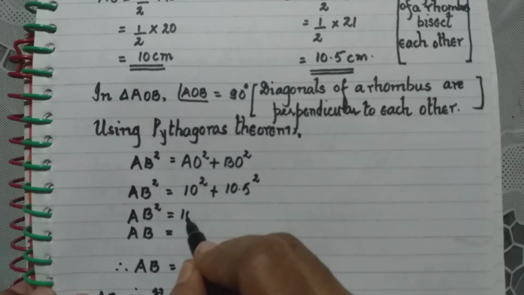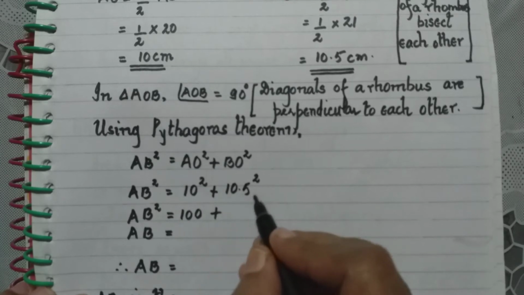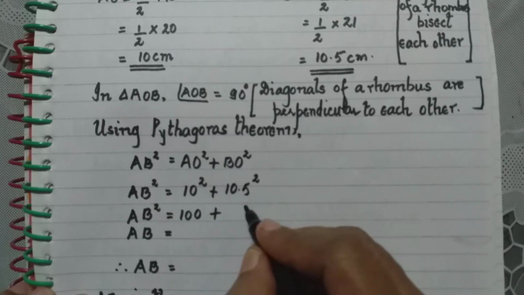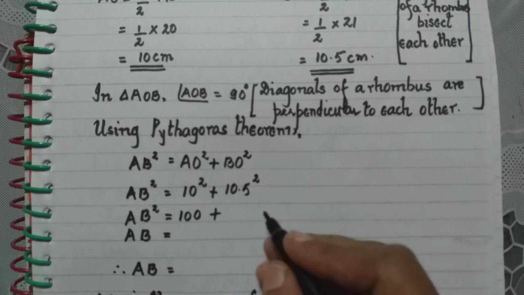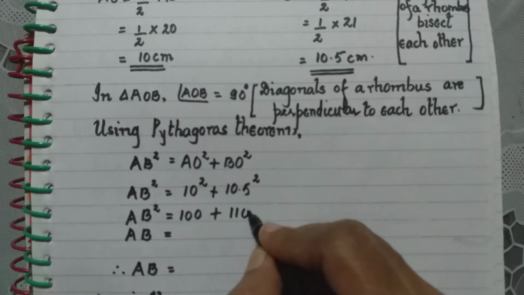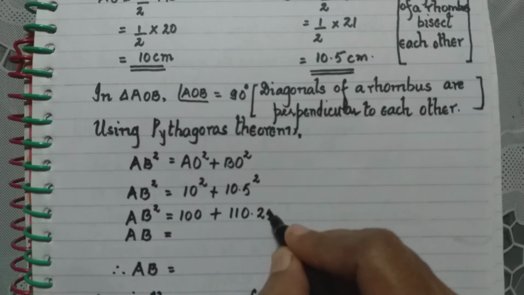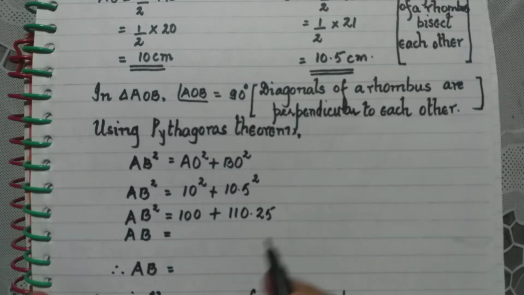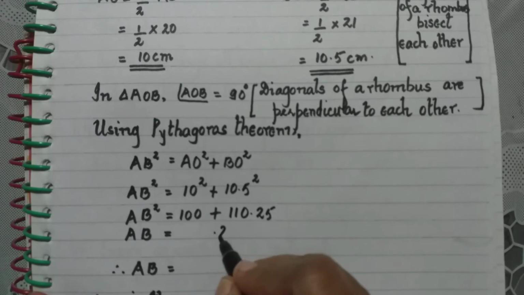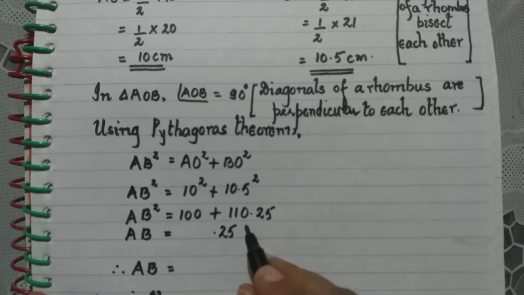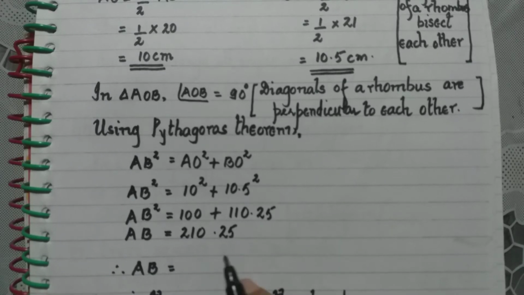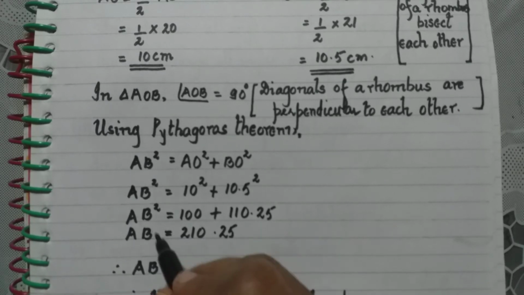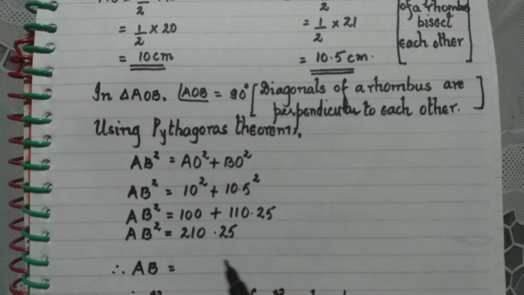Now 10 square is 100 and 10.5 square, if you multiply 10.5 into 10.5, you get 110.25. Now if I add these two, 100 plus 110 is 210. So I have 210.25. That is, AB square is 210.25.